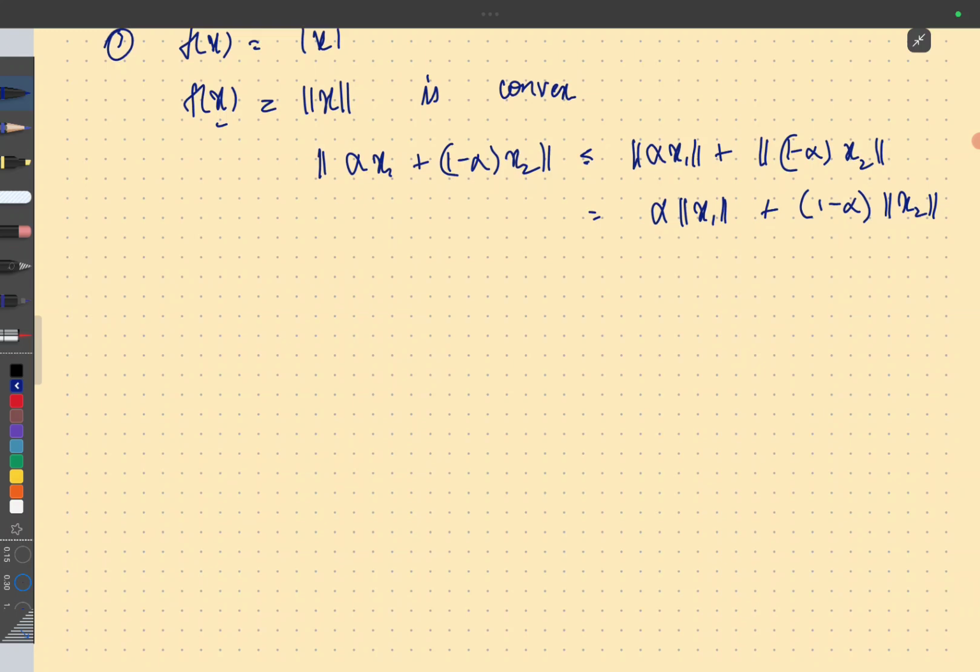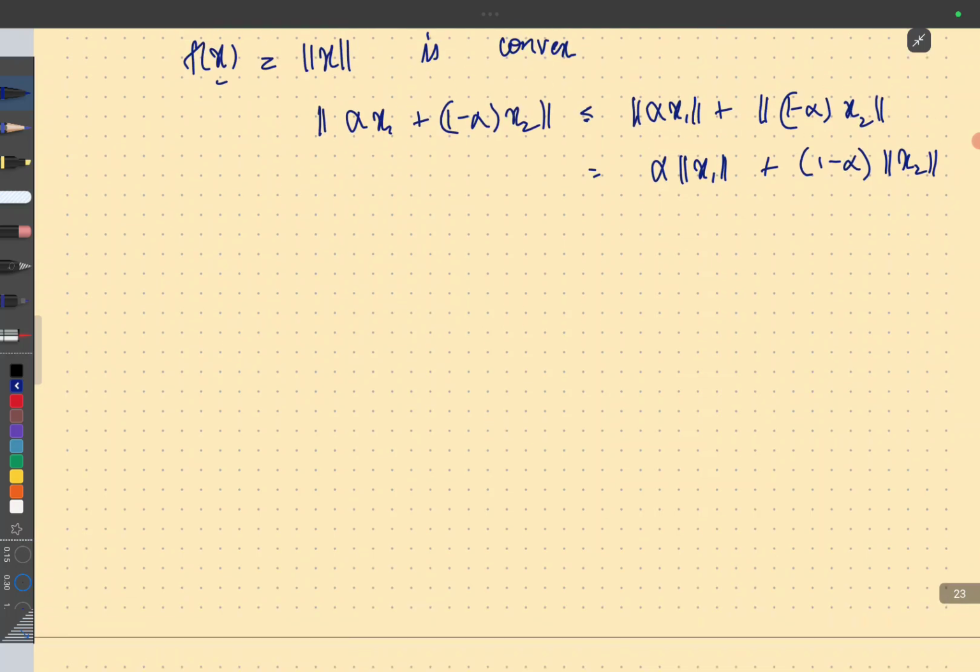Any questions so far? So a useful property of convex functions is the following.